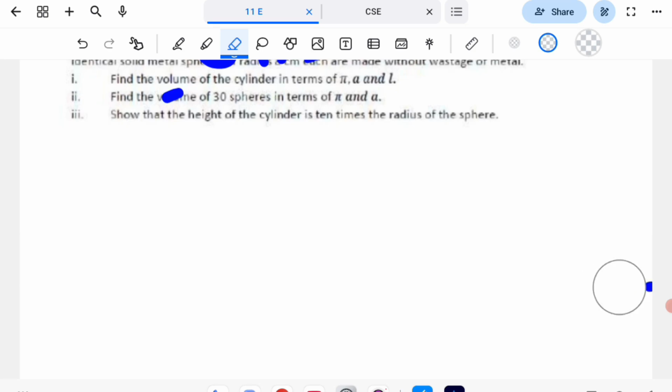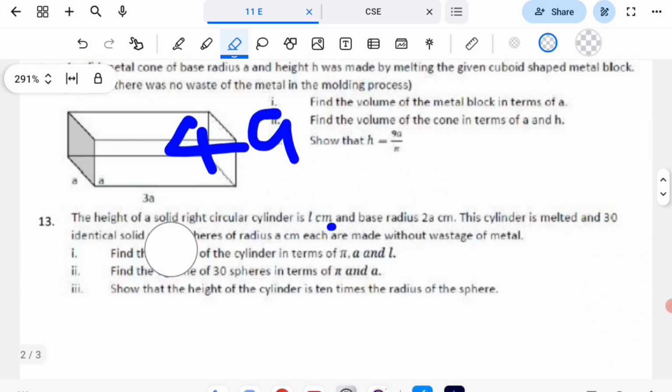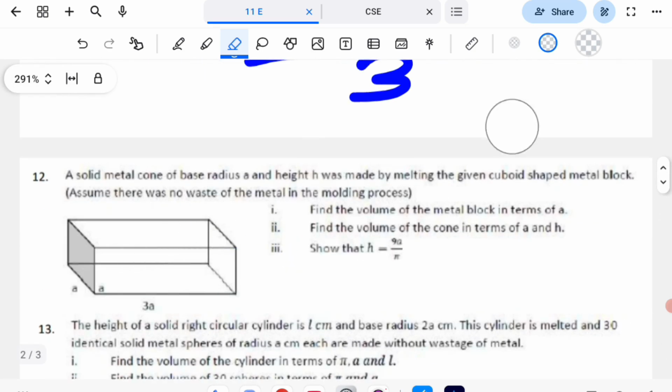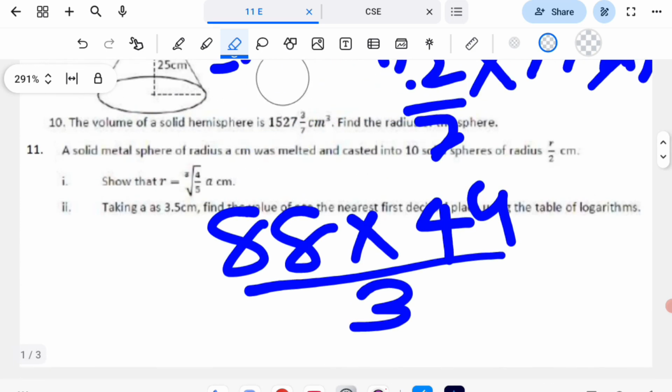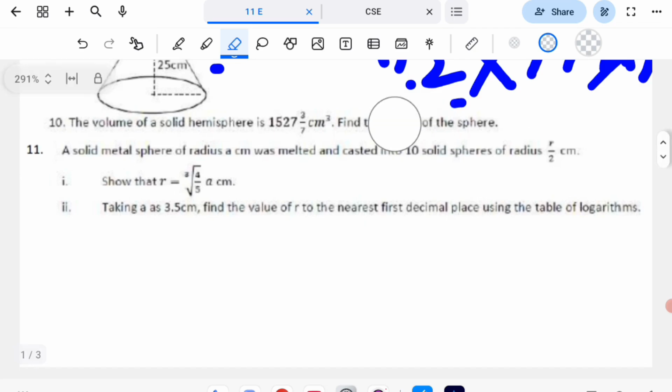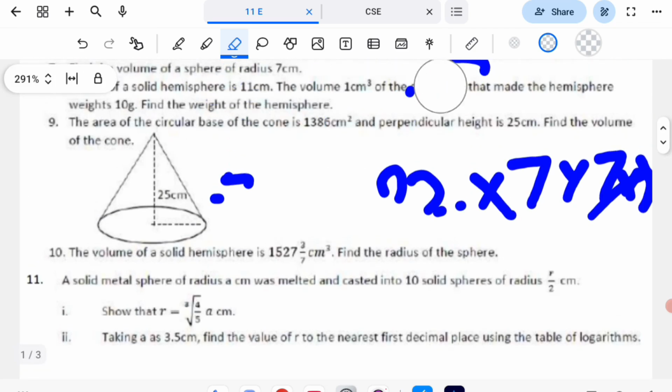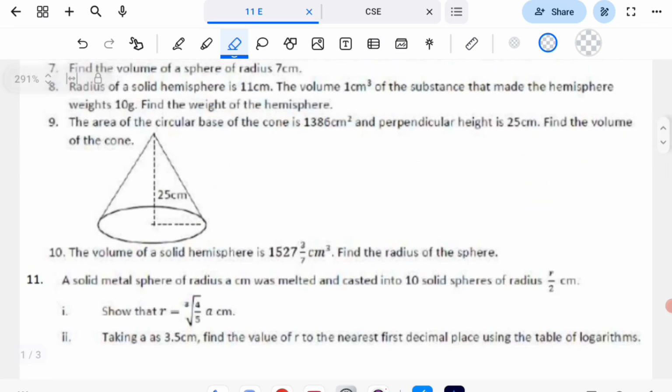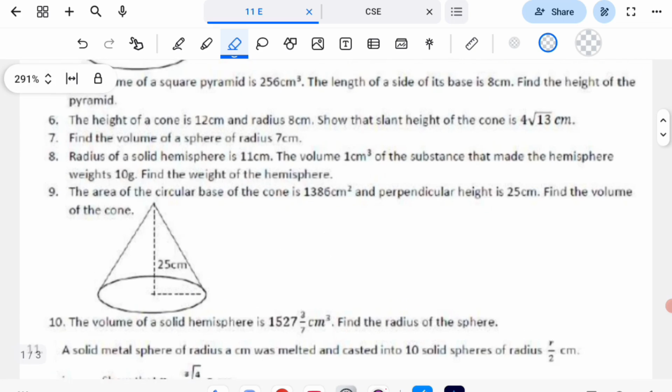Then the next question. The radius of a solid hemisphere is 11. The volume of 1 cubic centimeter of the substance that made the hemisphere weighs 10 grams.